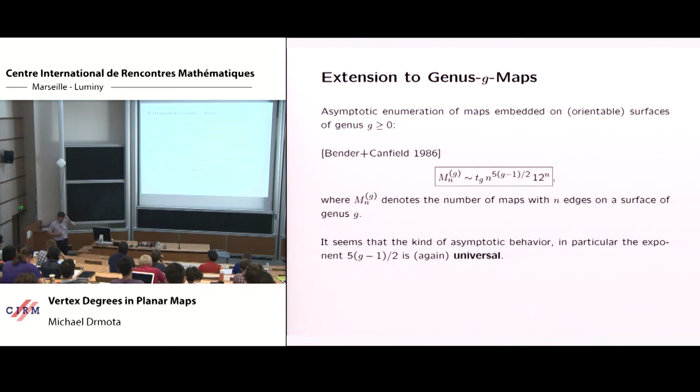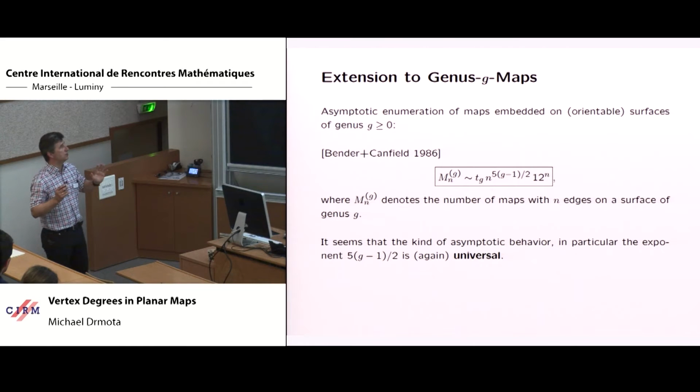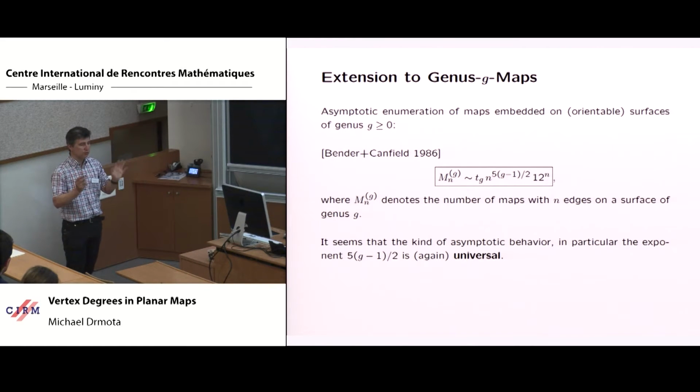Okay, so finally, I also want to consider extensions to genus-g maps. This means that I consider an oriented two-dimensional manifold of genus g, for example the torus of genus 1, and maps on this torus.